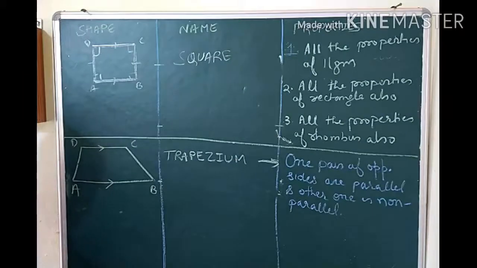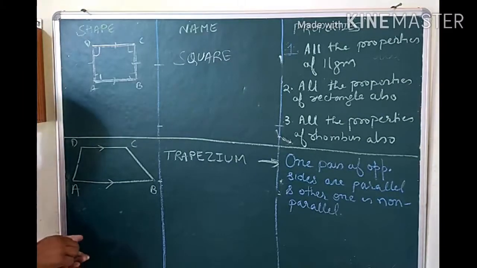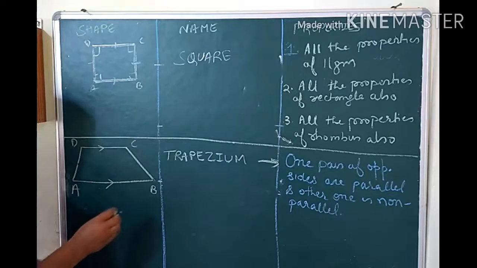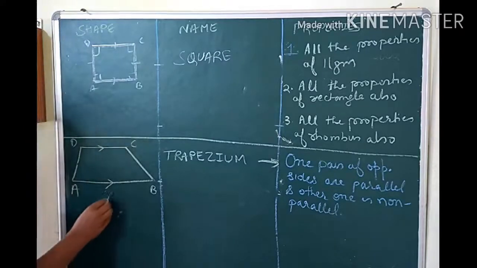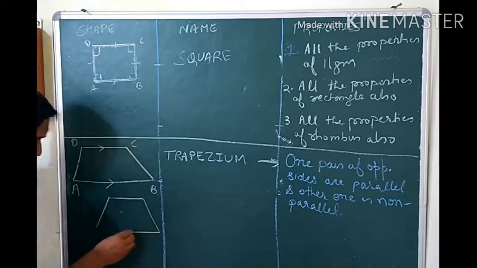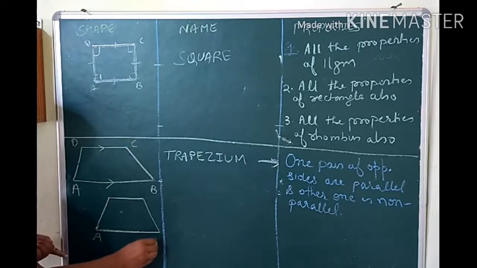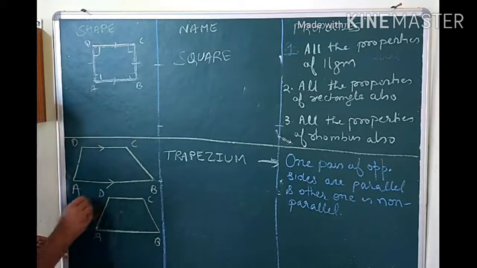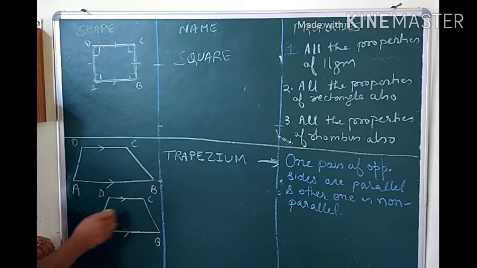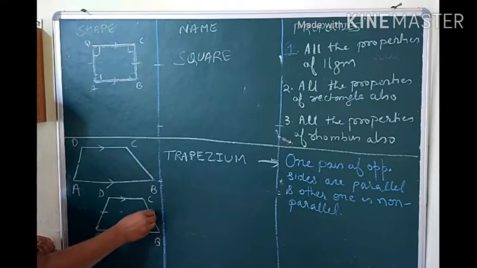And children, you must learn one special type of trapezium. This is A, this is B, this is C, this is D. This is parallel to this and this is non-parallel, but these are equal.